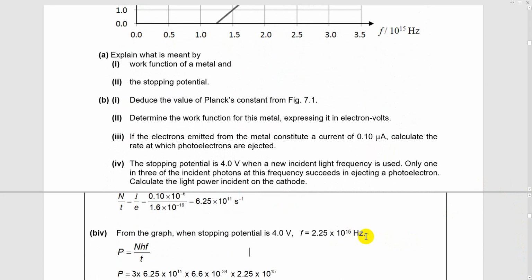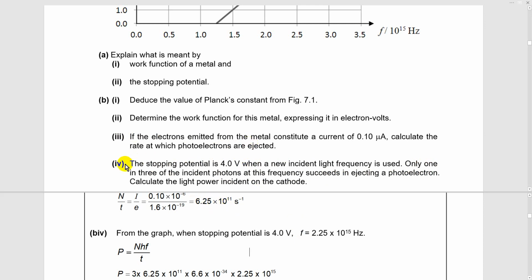Okay, then the next thing is they also tell us that 1 in 3 photons at this frequency succeeds in ejecting a photoelectron. But early on, we have just calculated that 6.25 times 10 to the power 11 electrons are ejected.